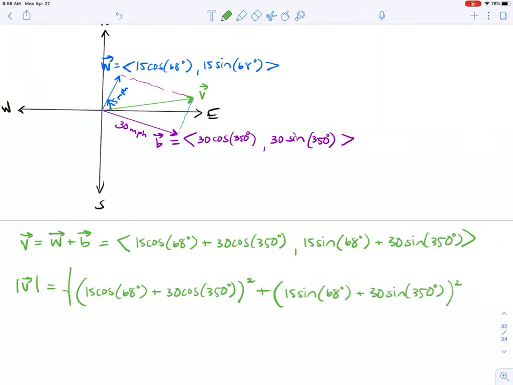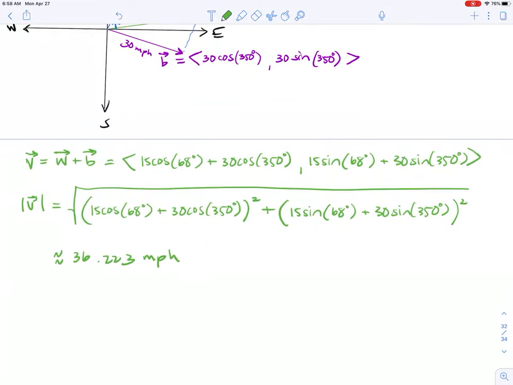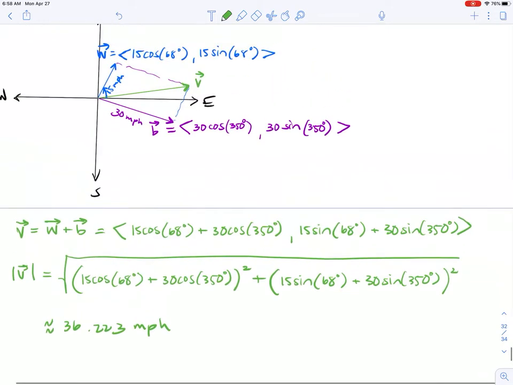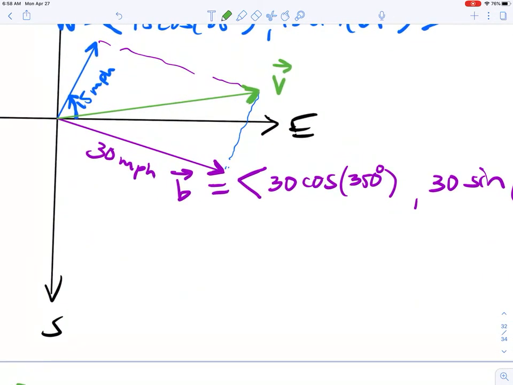Plus the vertical component squared. And when we type that into our calculator, we get approximately 36.223 miles per hour. So that would be the actual speed of the boat.